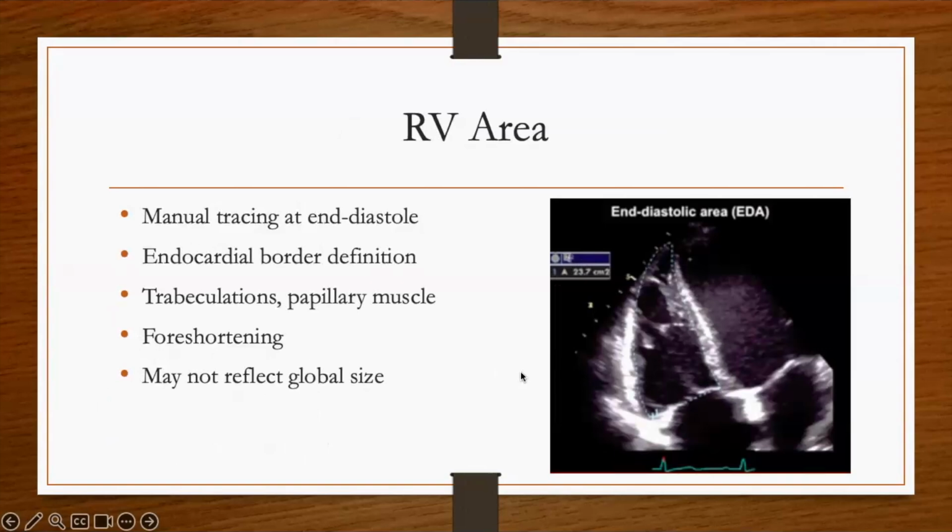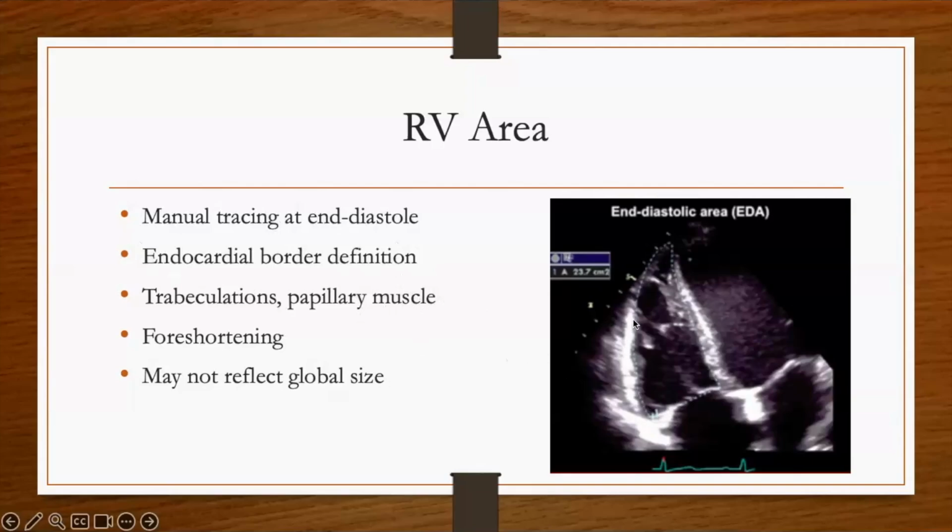Moving on from the linear measurements, we can look at RV area. It is essentially a manual tracing from the lateral annulus of the tricuspid valve going across the RV free wall to the apex, up the septum and then to the medial aspects. It is dependent on having good quality images for endocardial border definition.